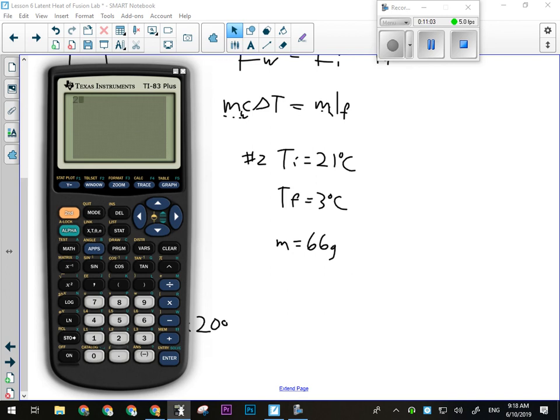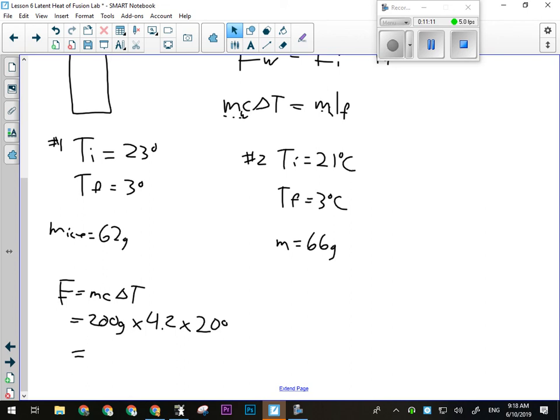So we're going to have 200 times 4.2 times 20 degrees. So we're looking at 16,800 joules worth of energy. Everybody all right with that? Yes? Okay, so that's the amount of energy that was used to melt the ice in trial 1.